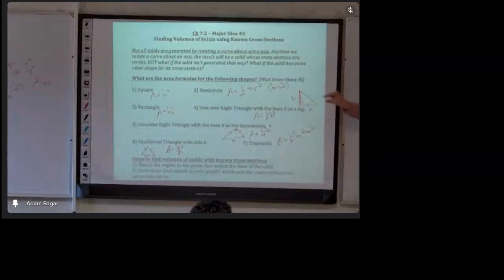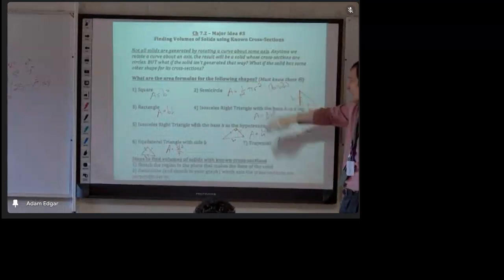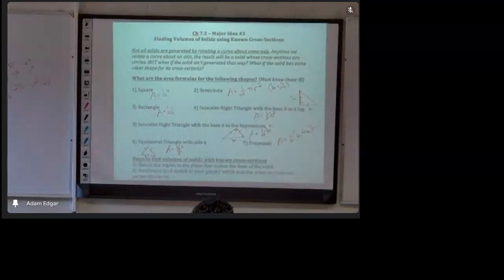We have the formula for each individual shape that is going to make the cross section, and then you have the volume formula for the solid that you're making. They'll give you the shape and they'll give you the area enclosed on the plane. So they'll give you this curve and this curve, and they'll say, all right, in that enclosed region, coming out of the plane as cross sections are squares or whatever it is.